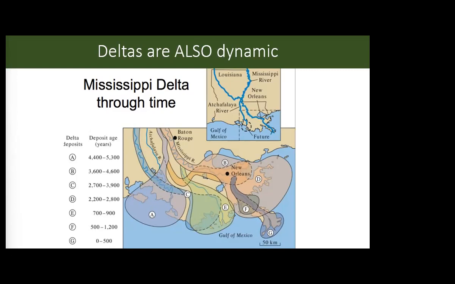For example, A, that blue one to the left, when those were deposited over 5,000 years ago, that's where the channel ended up, and that's where that delta started to build up. As that got built up, the channel started to preferentially flow a little bit up to the north. So we get B building up over here. Then we have C flowing around that delta down here.